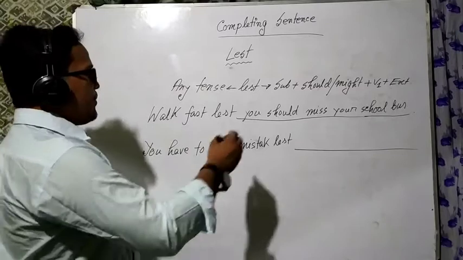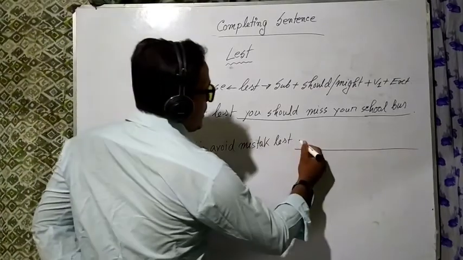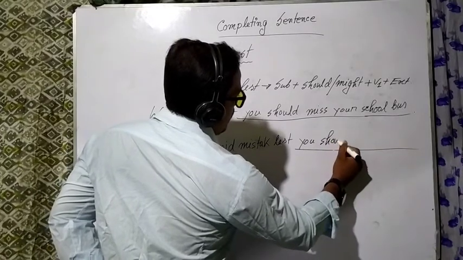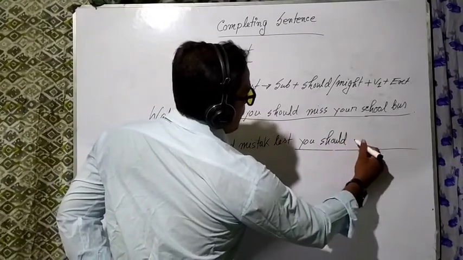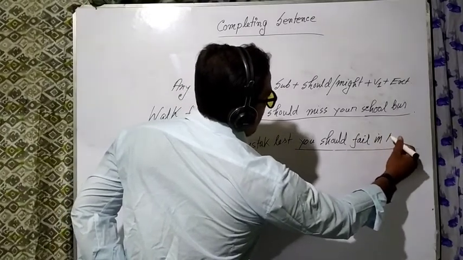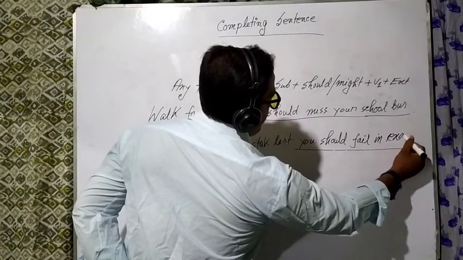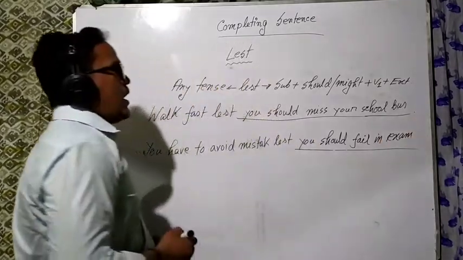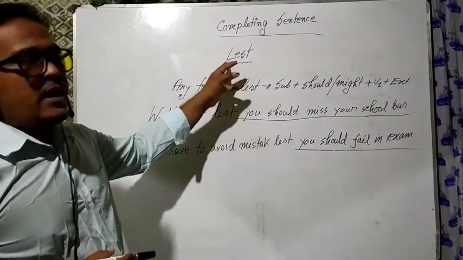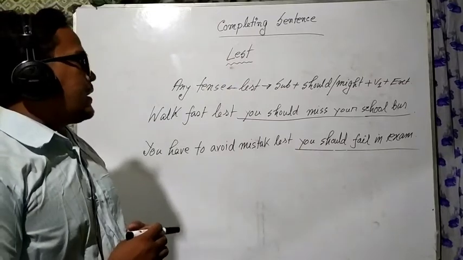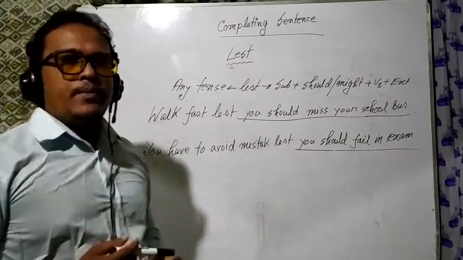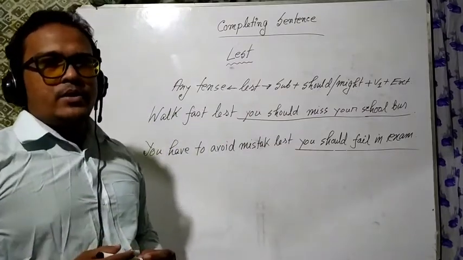You have to avoid mistake lest you should or might fail in the exam. So I think you will get a clear idea. While using lest, it gives a negative meaning. So like this structure you have to practice more and more from your textbook.